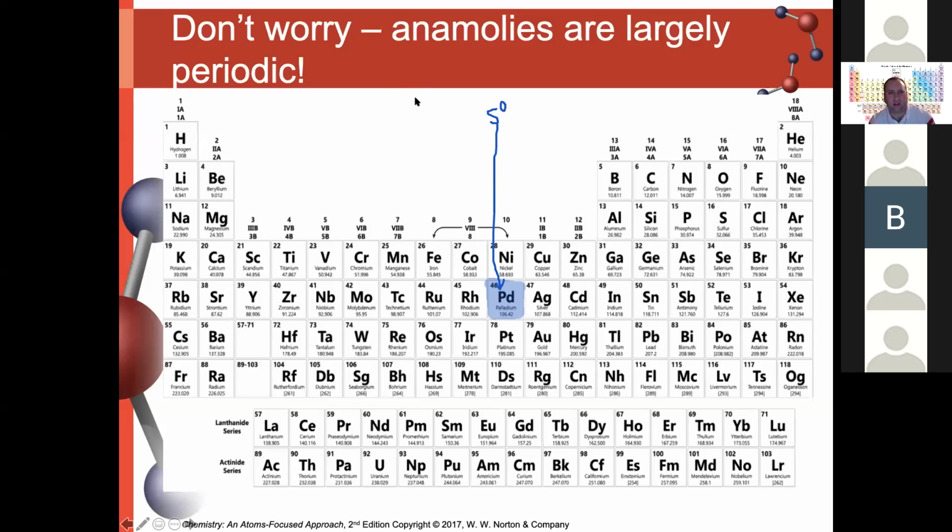Our S1 exceptions, which I'm going to highlight here in a different color, do have some pattern to them.